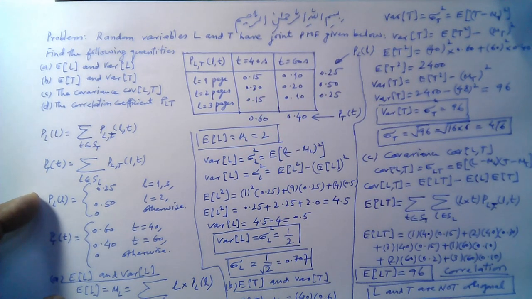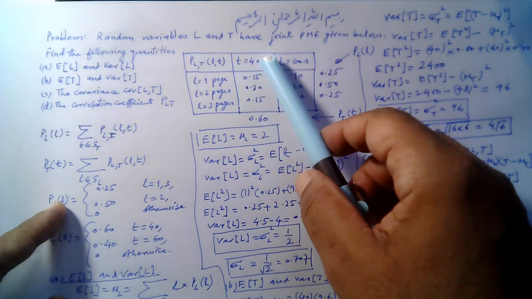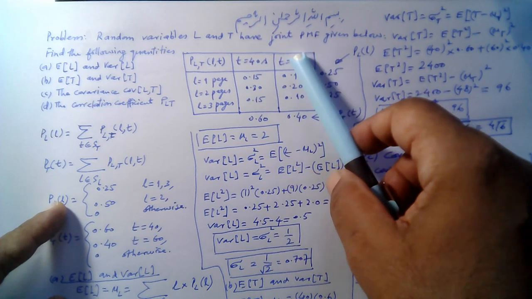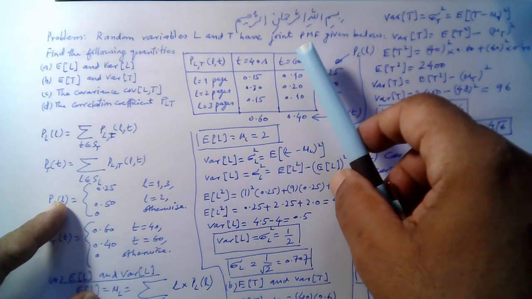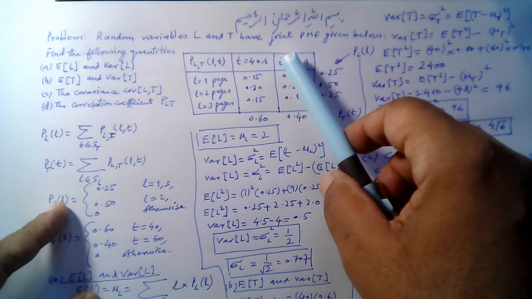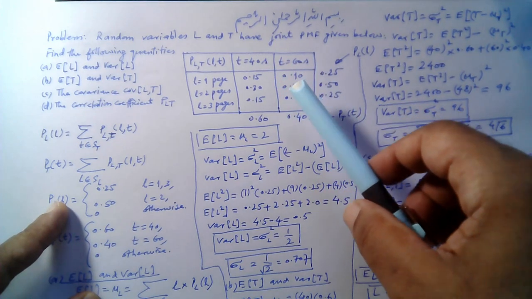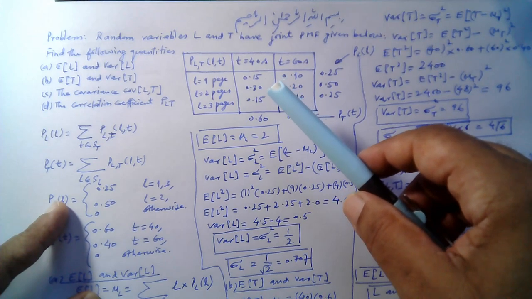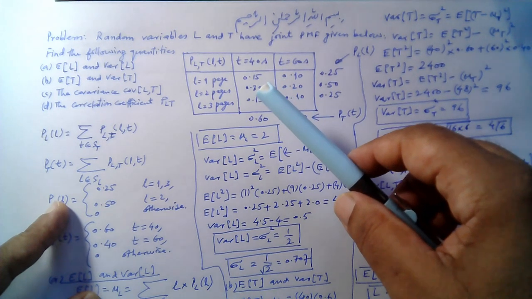So this time required to transmit a single page does not change whatever the number of pages. So L and T do not have any correlation, because this T here is the time required to transmit one page with text only. This T here is the time required to transmit one page with images also. So this time for a single page does not change. It does not have any correlation with the total number of pages. The time taken for a single page always remains the same.